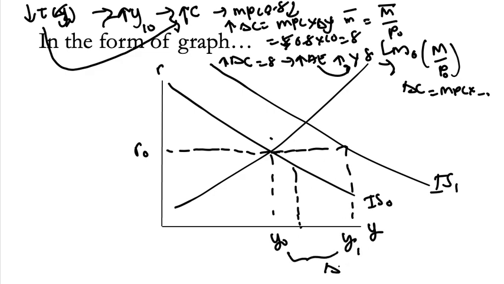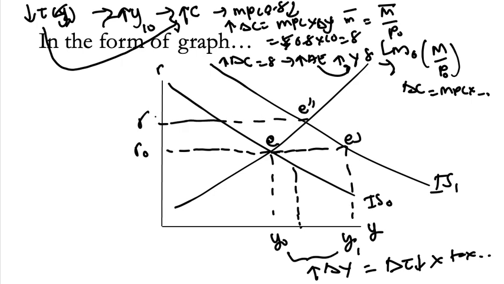The change in income here is due to the change in tax, the reduction in tax times the tax multiplier, isn't it? That's what you learn. But because we want to incorporate interest rate, then adjustment takes place from E to E prime to E double prime. Then interest rate increases and output only increases up to Y2, for instance.